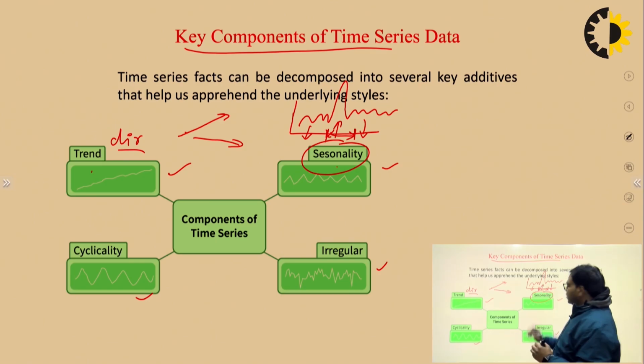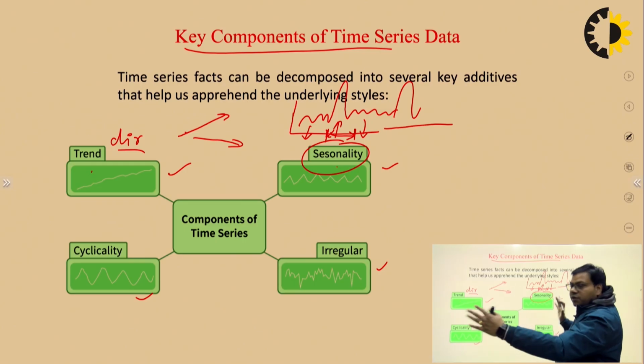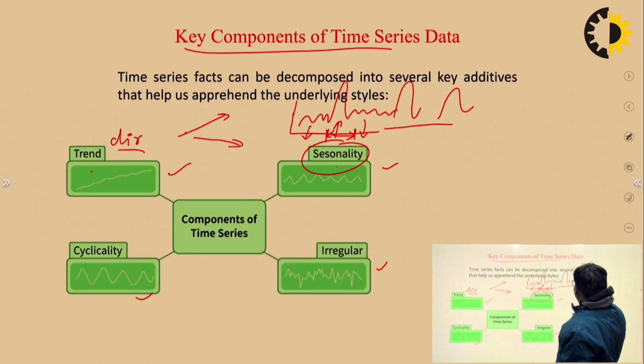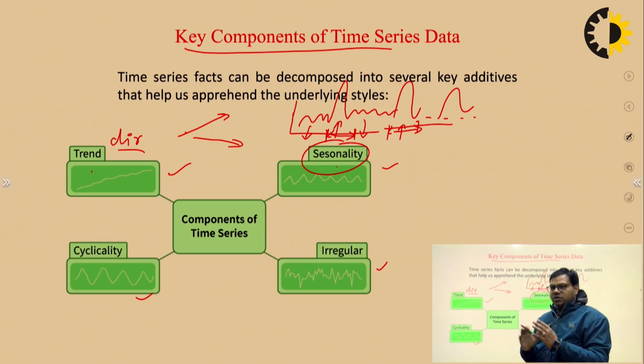Like this is the 3 months of duration out of the whole year, which spikes every year. If we have the data of several years, then after a particular interval, at a particular segment of time, we have these spikes again and again. So this is called seasonality, right?